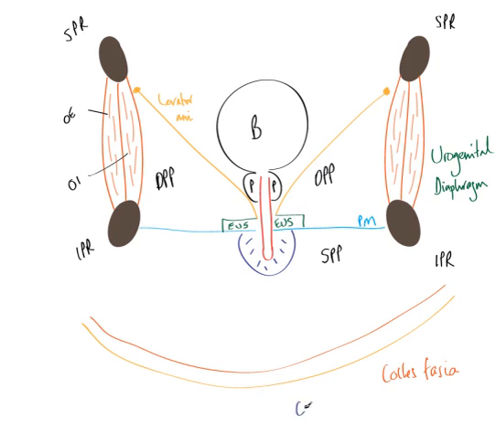So here we have corpus spongiosus. Importantly, corpus spongiosus is going to be surrounded by a layer of muscle, and surrounding corpus spongiosus we're going to have bulbospongiosus muscle.